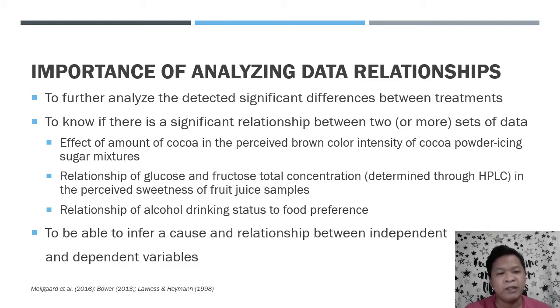And lastly, you may want to determine the relationship of alcohol drinking status to food preferences. For example, is there a pattern in the category of foods that you could relate to the alcohol drinking status?